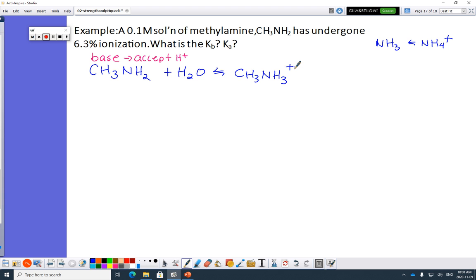But then you have to remember what else is going to be formed. So if water behaves like HOH, and the amine steals an H, then what's left? OH. So this is where Arrhenius was sort of wrong, right?